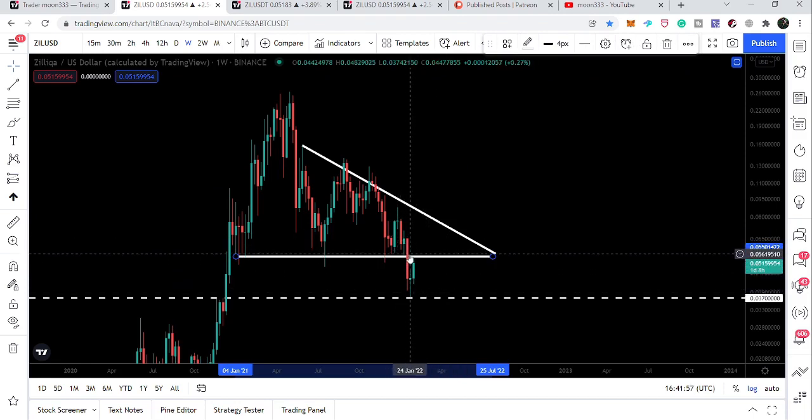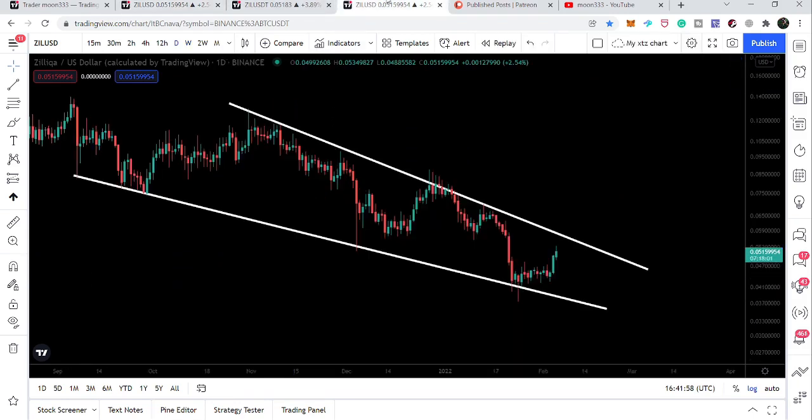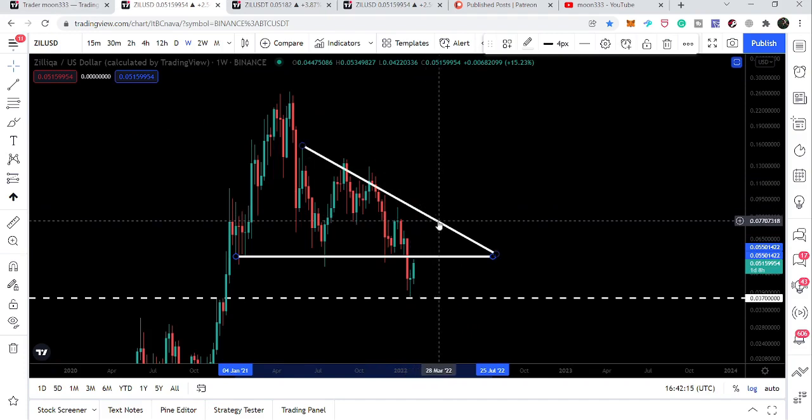So if we are going to break it out, definitely we are also going to break out this falling wedge pattern, and we can move up to the first resistance, that is 8.2 cents, and the final resistance and our final target as per this falling wedge can be approximately here at 12.8 cents. And if we take a look at this triangle's resistance once again, then we can see it is at 7.7 cents.